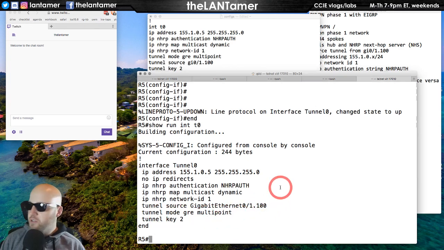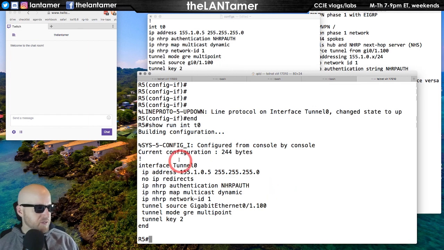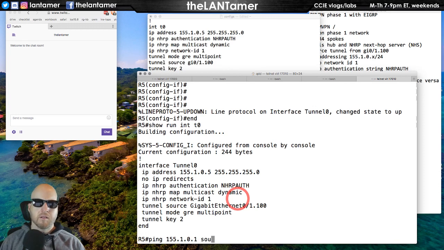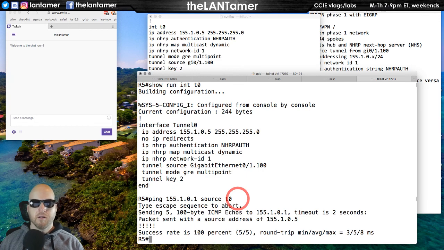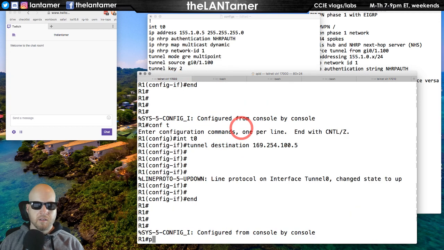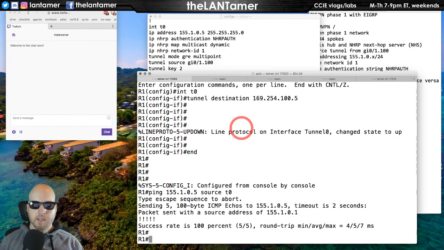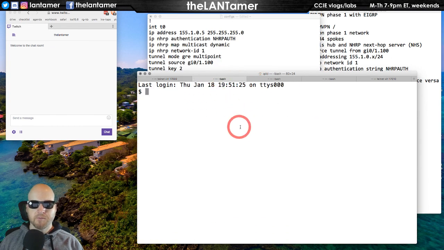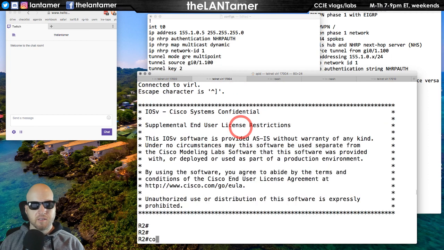We should be good, so let's do a ping. Ping 15105, source T0. Beautiful.